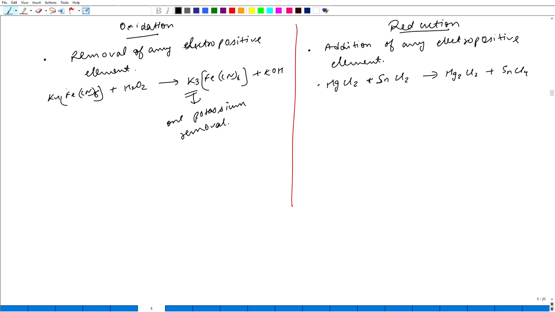So, this is one of the reactions I am balancing out because we need to study this reaction in depth. Okay. So, this has been an example of reduction reaction.